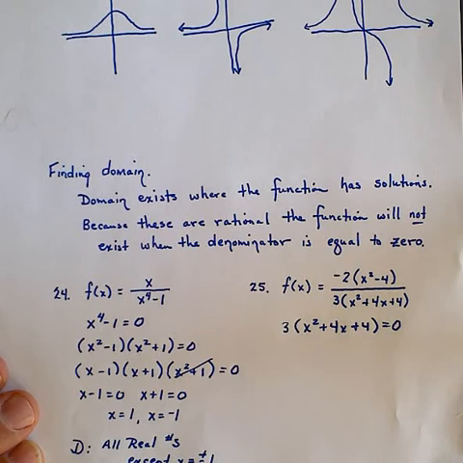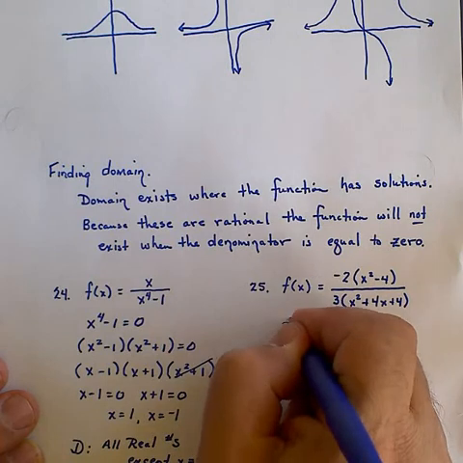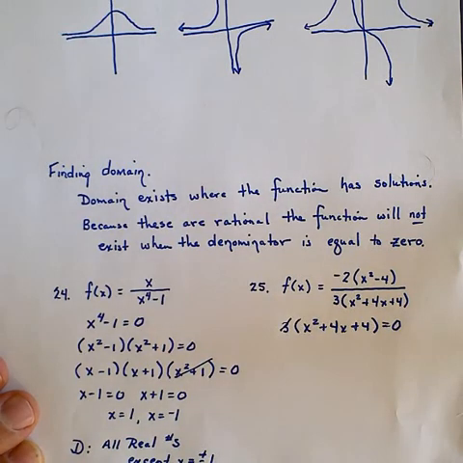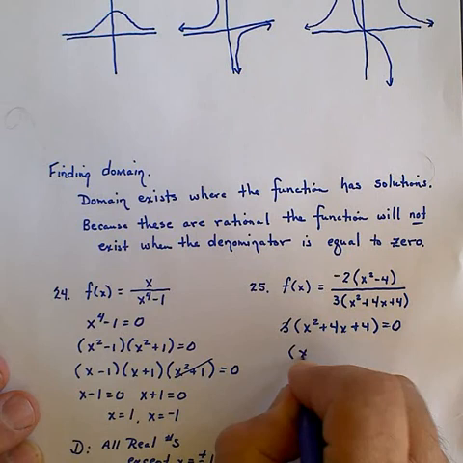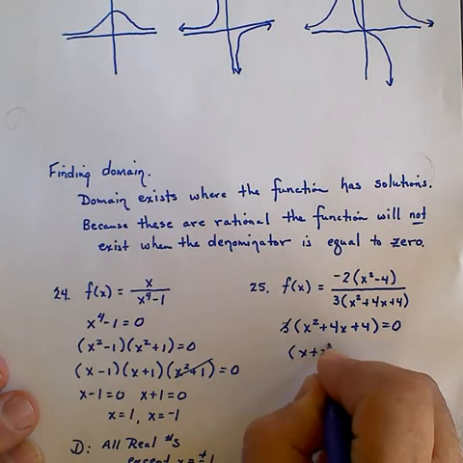I'm going to cancel out the 3. If there was a variable attached to it, like 3x, then I would need to set it equal to 0. But the x squared plus 4x plus 4, just like the previous problem, is factorable. It breaks up into x plus 2 and x plus 2 again.